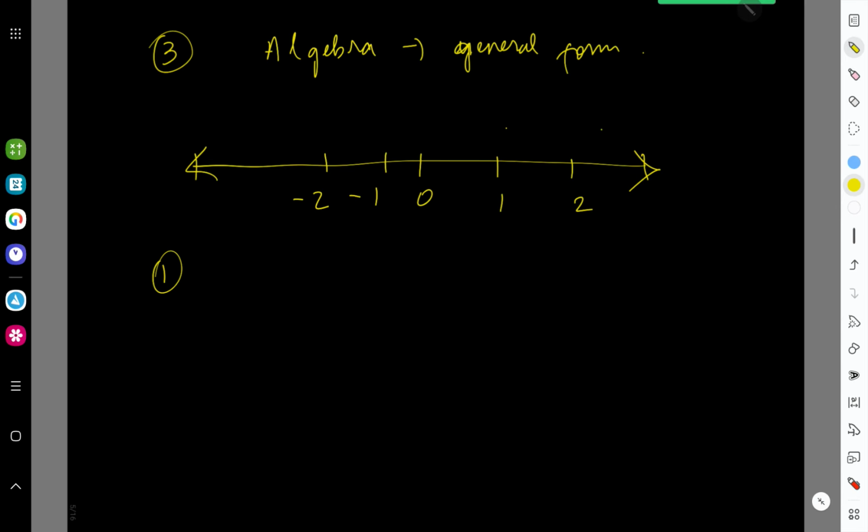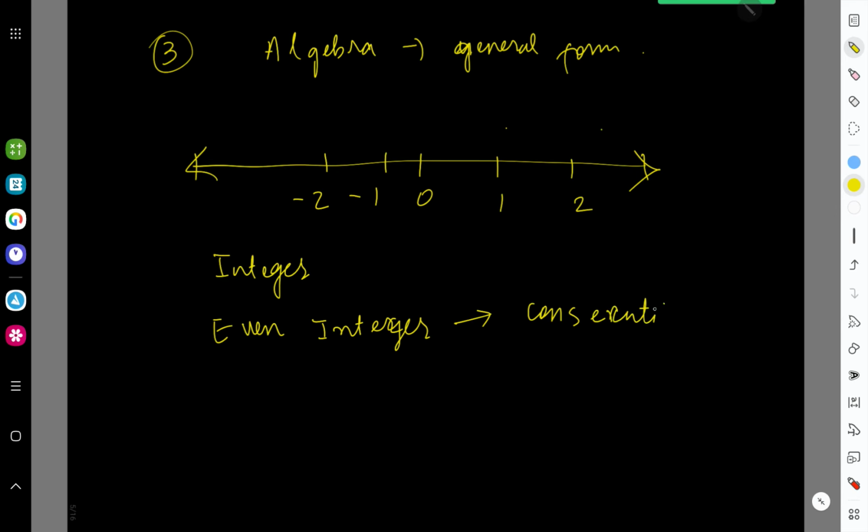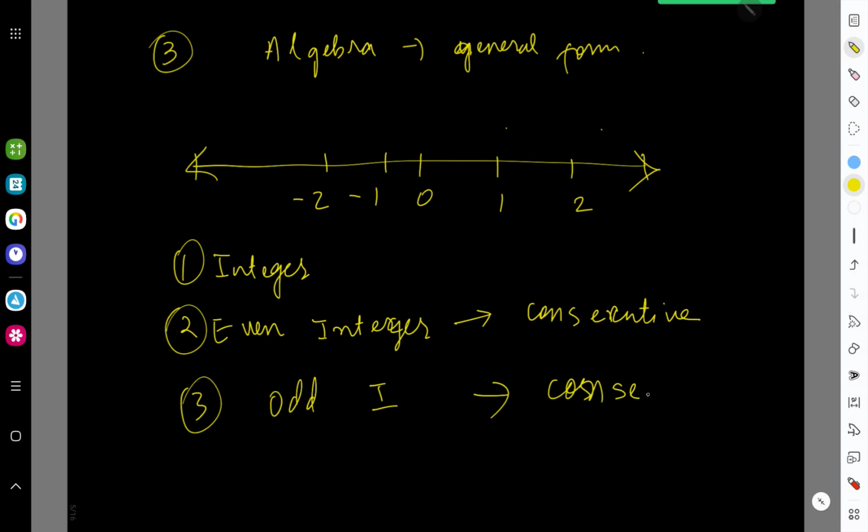Let's first talk about integer, then even integer, and here we will talk about consecutive even integer, and lastly we will talk about odd integer and consecutive odd integer.